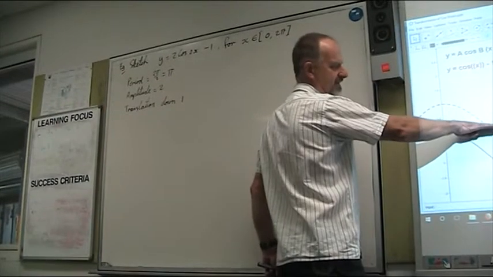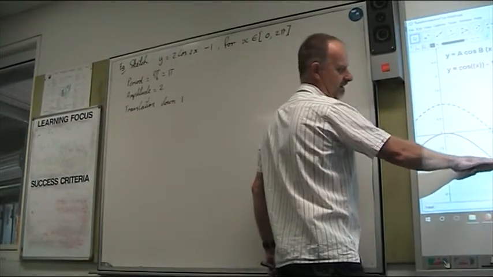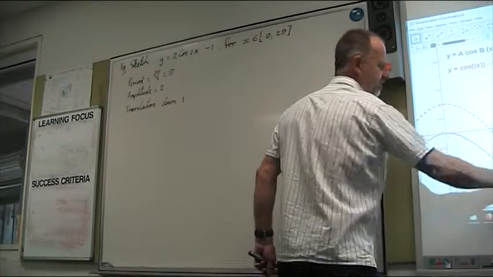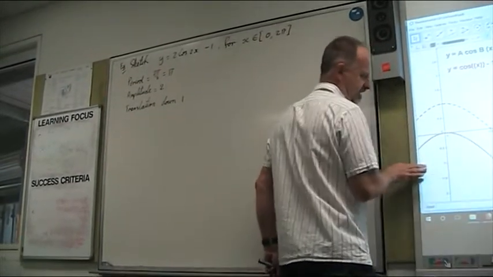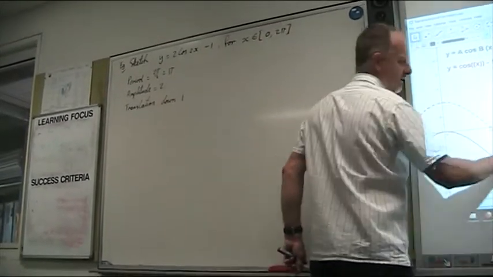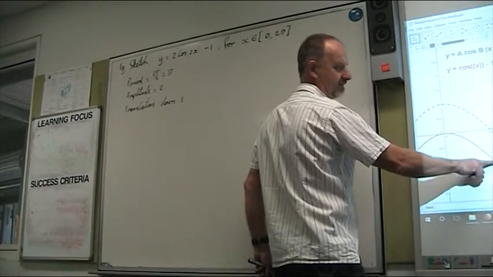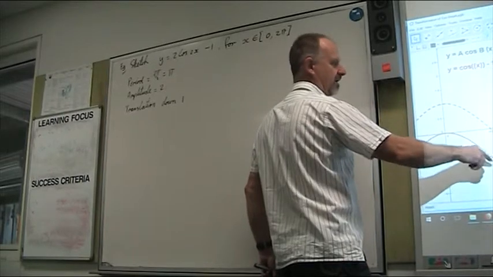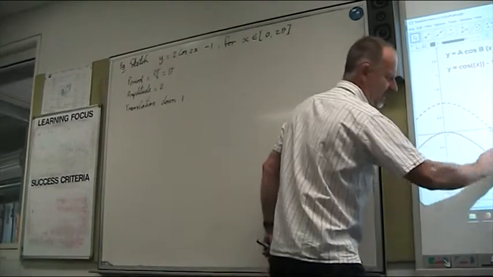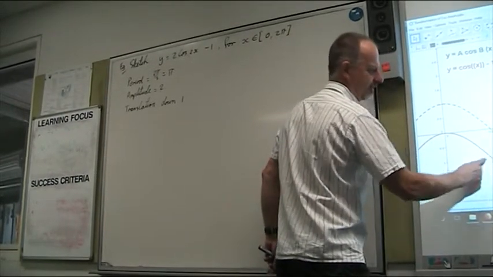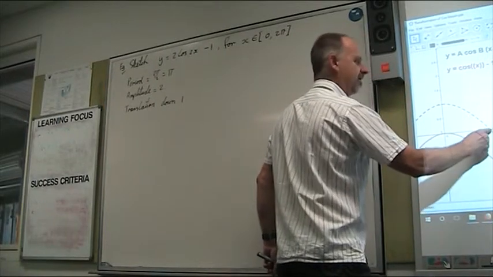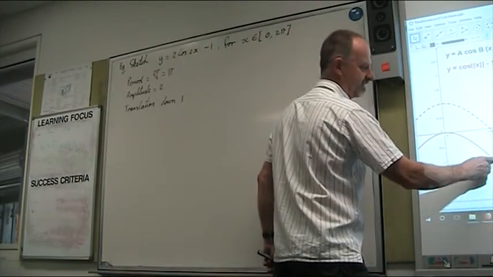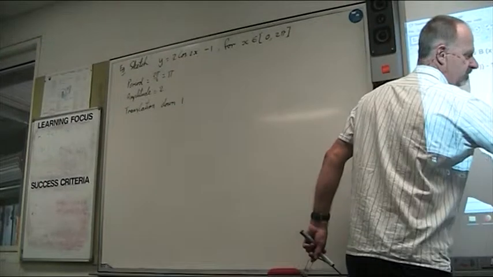So if we're moving down 1, then the midline of this red one here is also moved down 1. So when I'm looking at it going up and coming down, this point here is not intersecting the x-axis, but it's intersecting y equals minus 1.